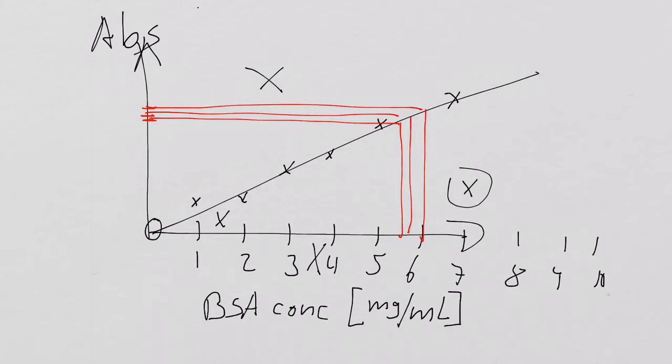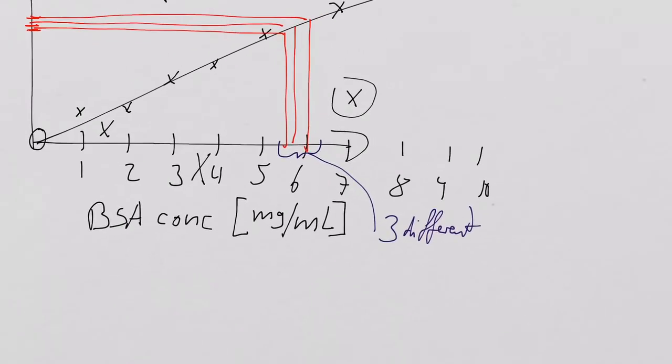So what you get now here is 3 different values for your protein, for unknown protein. Yeah? And how can we translate that actually into the sample, the original sample?